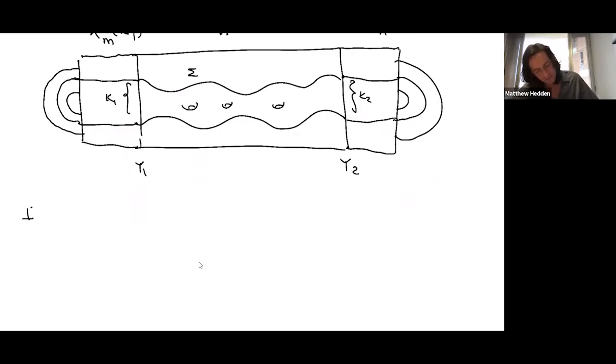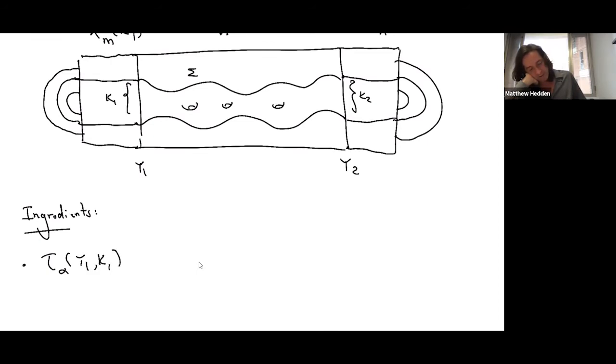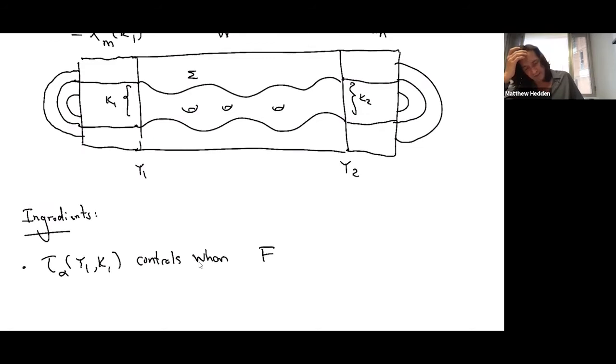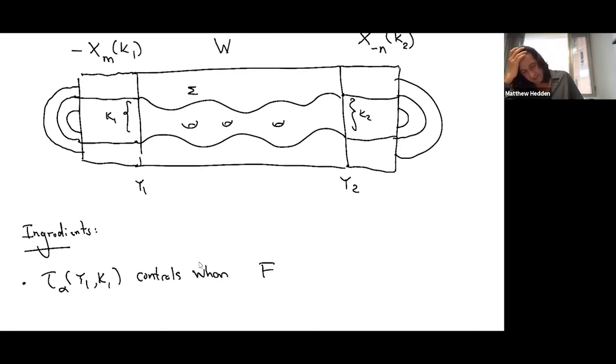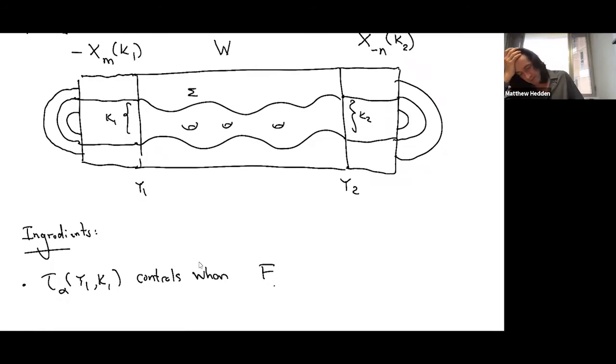So the ingredients here for this proof is that tau alpha of Y1 K1 controls when the associated cobordism map to that two handle that I've attached maps onto alpha.